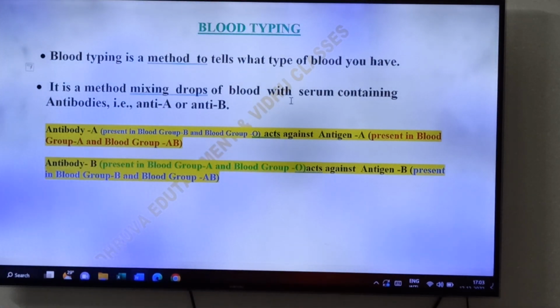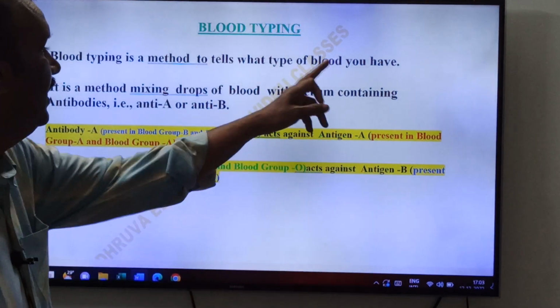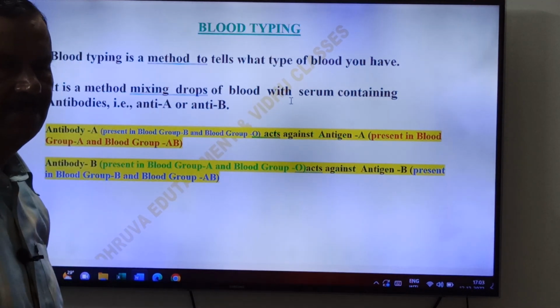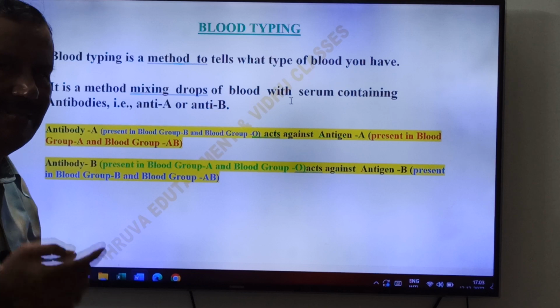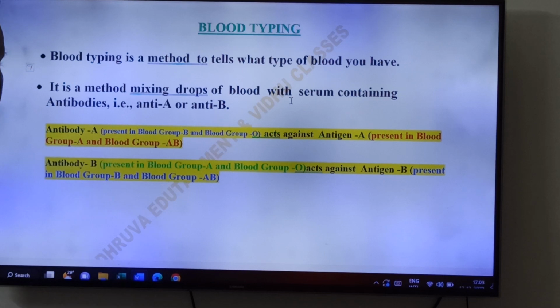It is a method of mixing drops of blood with serum containing antibodies, that is anti-A and anti-B. So if we mix a drop of blood with either anti-A antibody or anti-B antibody, we can know our blood types, friends.